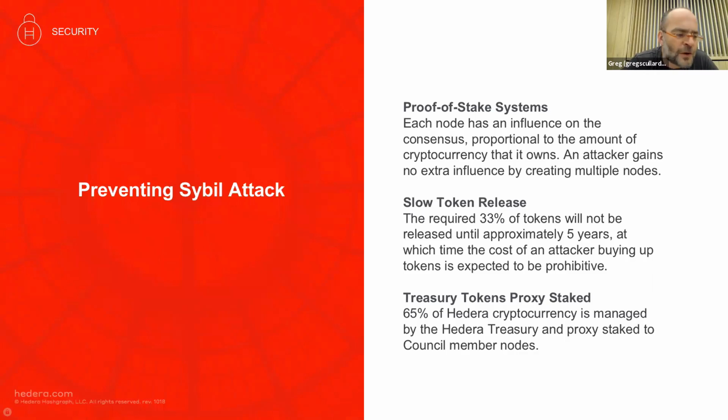If the number of nodes is relevant and you have enough funds to spin up virtual or physical infrastructure to swamp a network with your own nodes that you control, you can arguably take control of the network, and that's what's known as a Sybil attack. Hedera Hashgraph being a proof-of-stake system, you can spin up as many nodes as you want, but if you don't stake cryptocurrency to those nodes, you cannot manipulate the network.